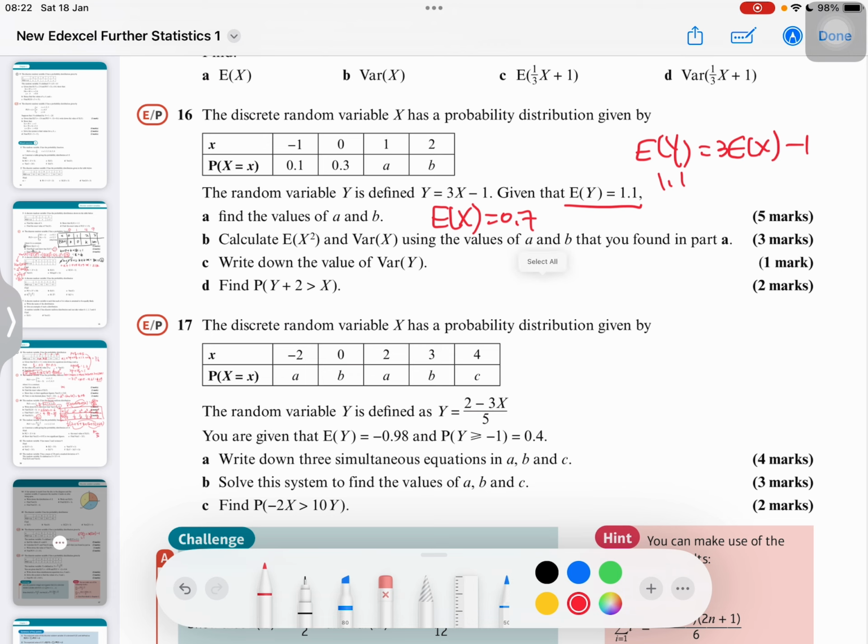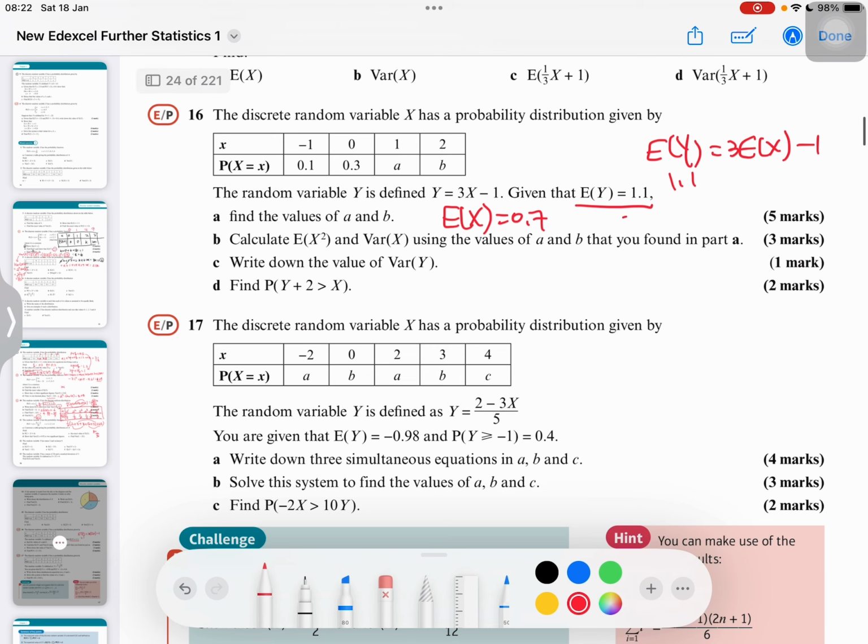And when we add them together, a plus b should be 0.6. And negative 0.1 times a plus 2b should be 0.7. So a plus 2b should be 0.8. Therefore, b equals 0.2, a equals 0.4.